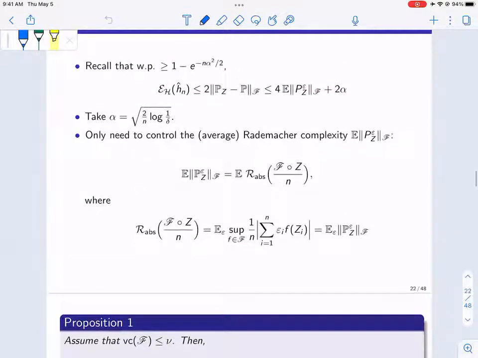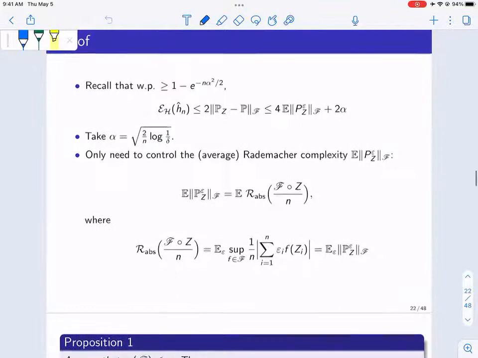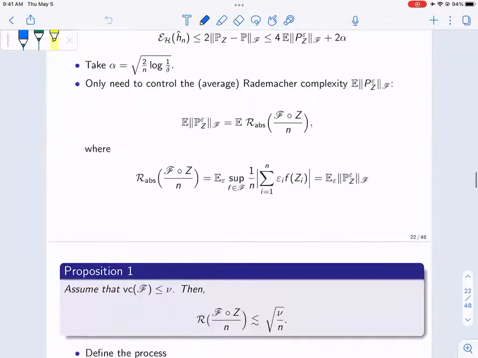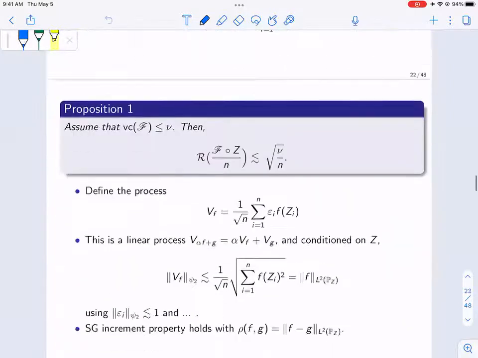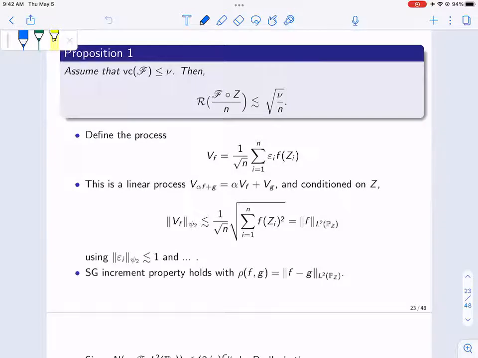And so the idea was to use this. Not sure if this is the right set of slides. Yeah, so the point was the Rademacher complexity is controlled by root nu over n. And so we define this random process, which is a scaled version of the empirical process, and then saw that this has sub-Gaussian increments in the metric defined by the empirical norm.